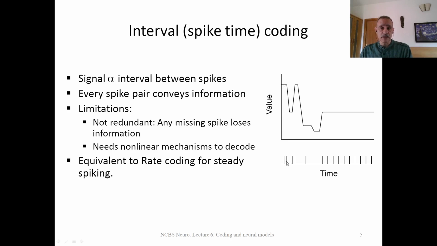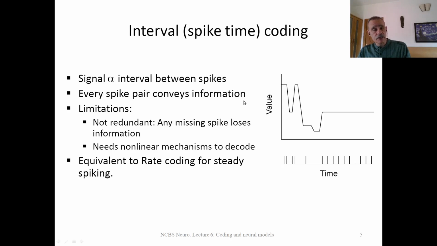If the spikes are a little bit further apart, like this pair, then the value is a little bit lower. They're close together, it's high. They're quite far apart, it's low. They're very far apart, it's even lower. And finally, in the limit, if you just have a steady value, then they're at a uniform firing rate, and this then ends up looking a little bit like rate coding.